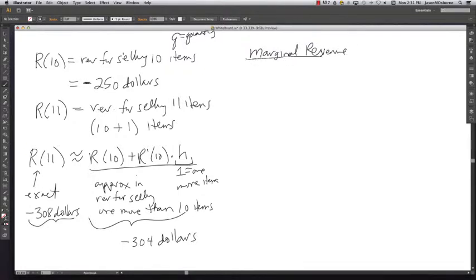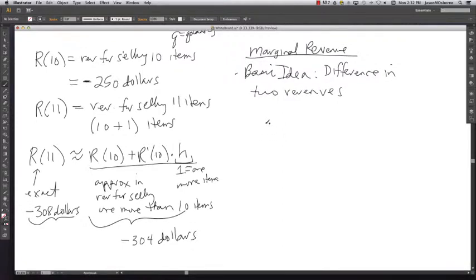The basic idea is that it is a difference in two revenues. So for example, in this problem, you could have the revenue for selling 11 items minus the revenue for selling 10 items.